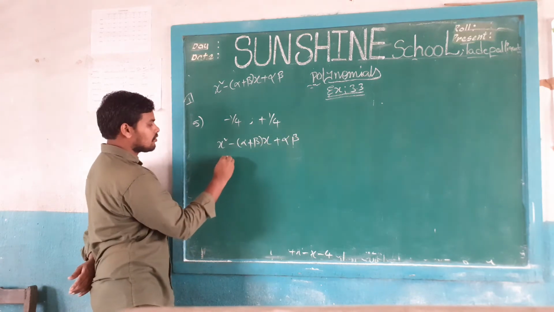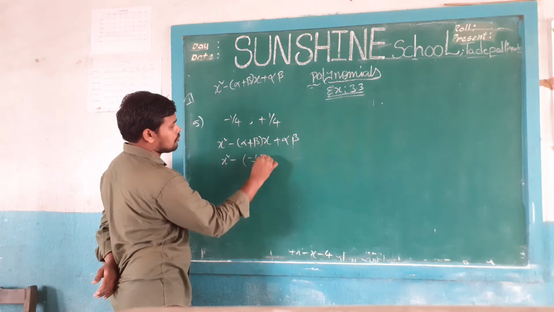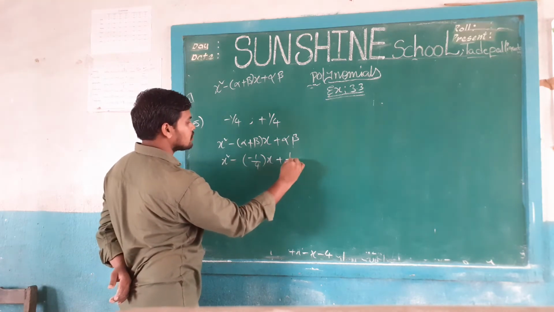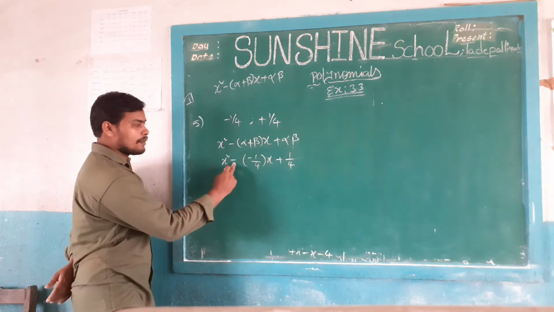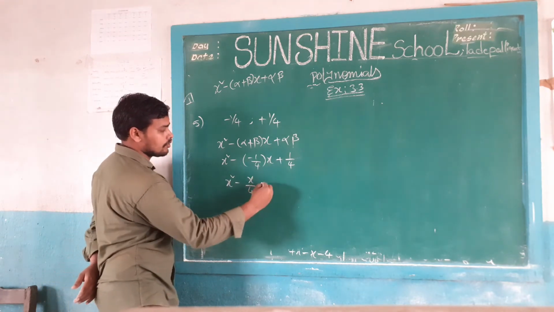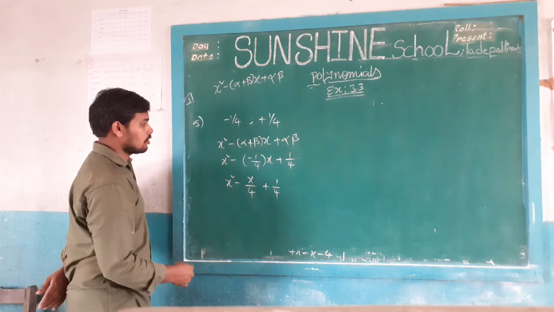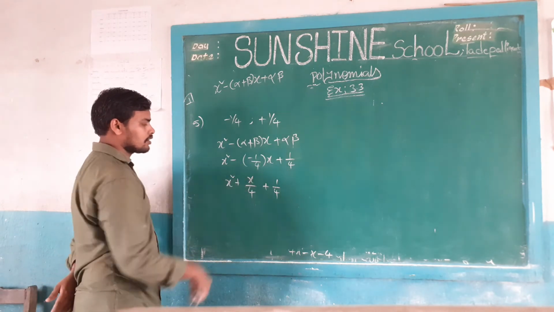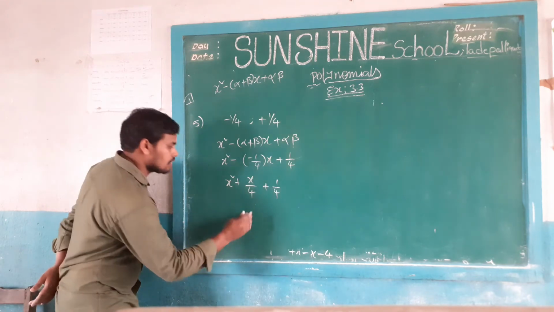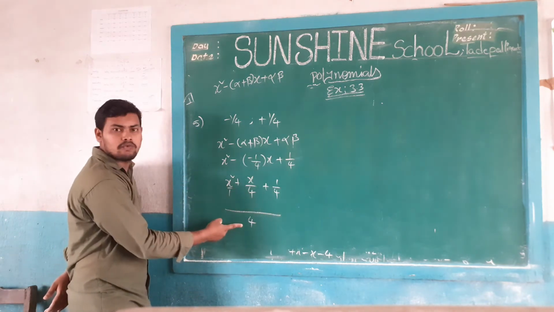What is the alpha plus beta value here? Minus 1 by 4, right? And alpha beta value is 1 by 4. Minus minus plus, x square minus x by 4 plus 1 by 4. What is the LCM here? 4 is the LCM. 1 in 4, 4 times.